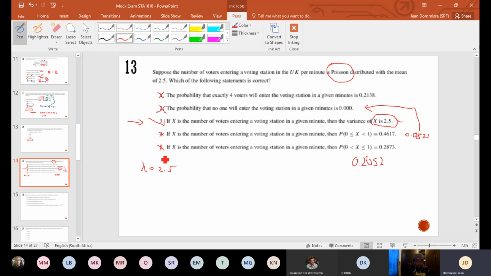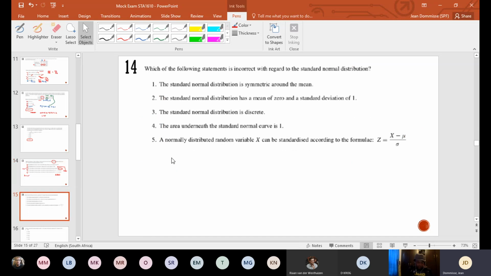So ignore that comment, because you have gotten all the tables and formulas beforehand. Okay, so with this one, we didn't need to use the table, because we know that the variance and the mean are exactly the same. So the correct answer is option 3.